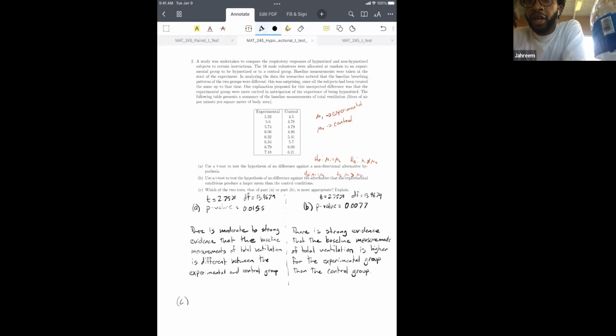They said that the difference between the experimental and control group was an unexpected result. So that inherently says there's a particular interest in one outcome over the other.